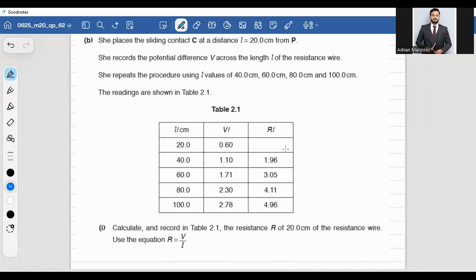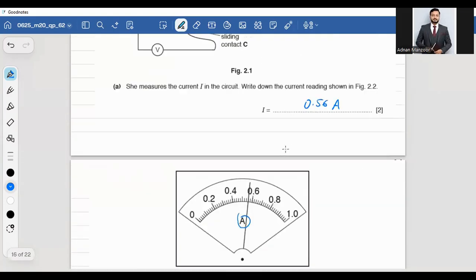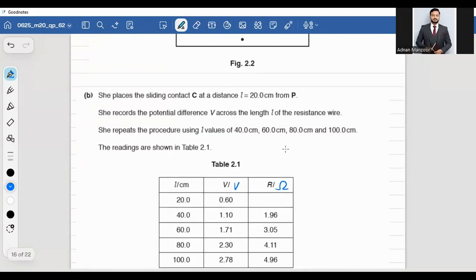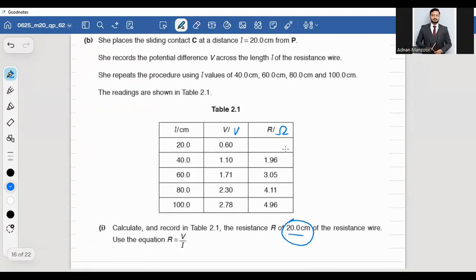All right. So first of all, anything that is missing here, you need to complete. That's a very important thing. You shouldn't miss it. And the values are here. Calculate and record in table 2.1 the resistance R of 20 centimeters of the resistance wire. Use the equation V by I. Okay, so what was the I here? From the circuit, 0.56.